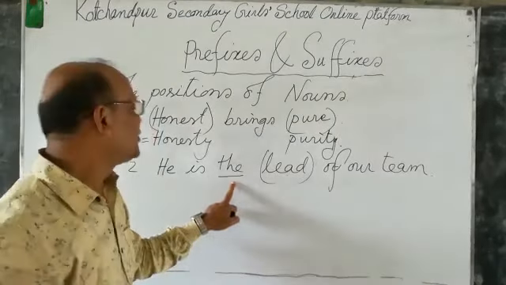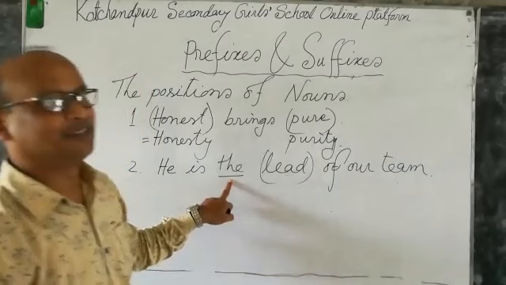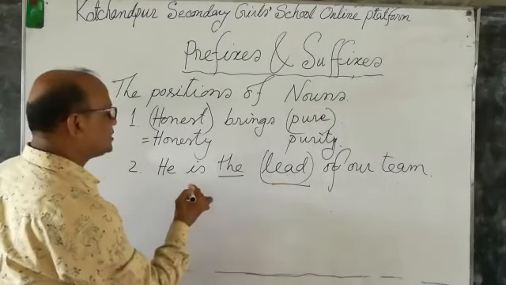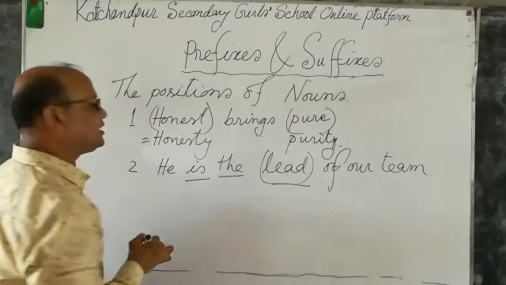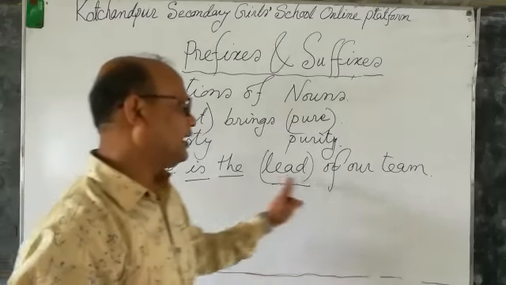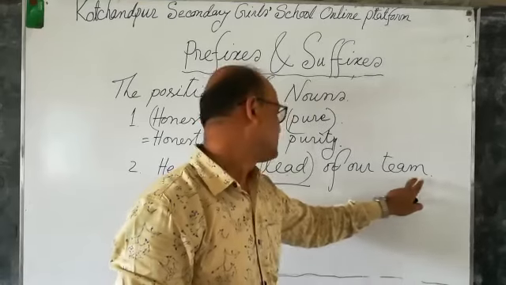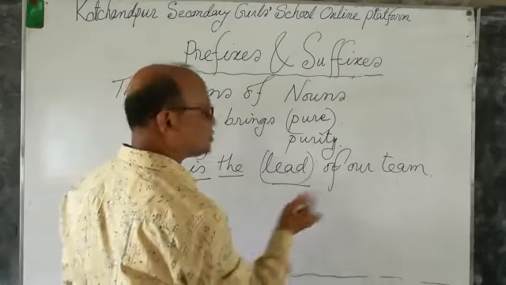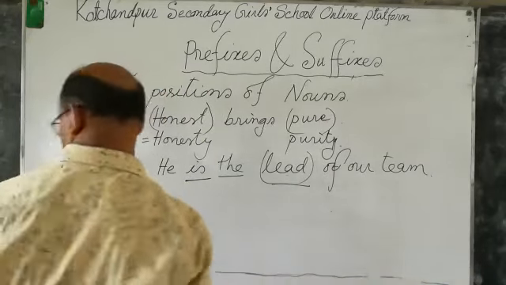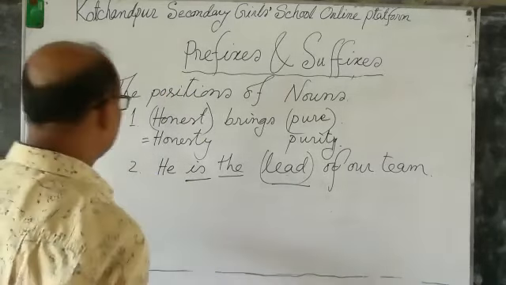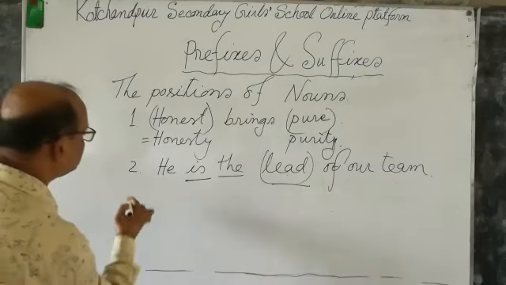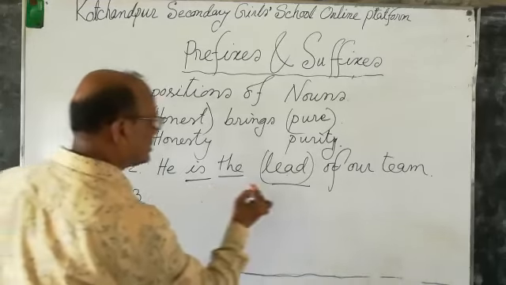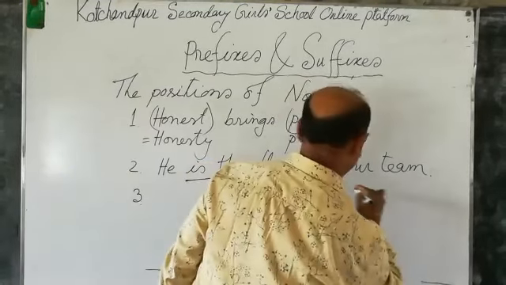We can also take a rule from here, that is, nouns are used between be verb and noun. Be verb also may be. Okay, another sentence. Then here will be leader.